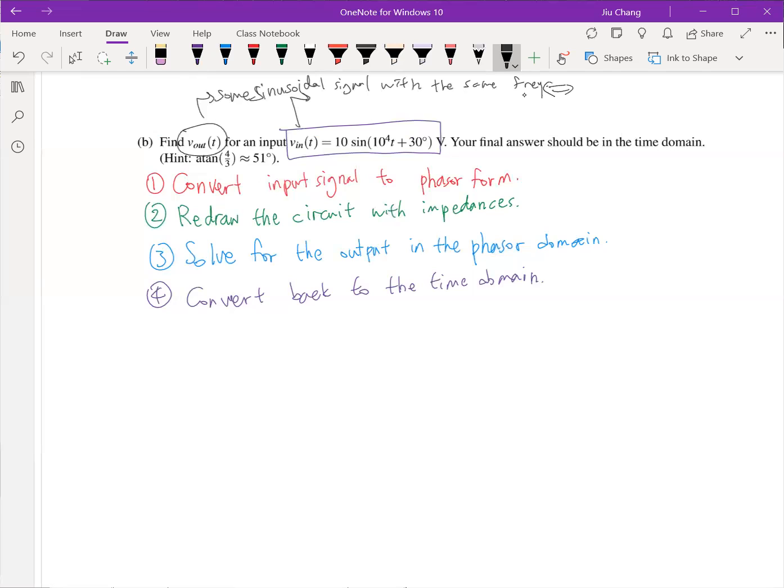This is saying that this V out will be in the form of some phasor that we don't yet know, but will not be transient, meaning it will not be dependent on time.